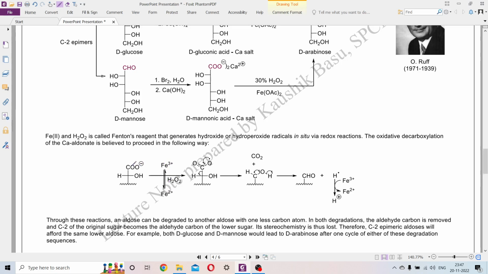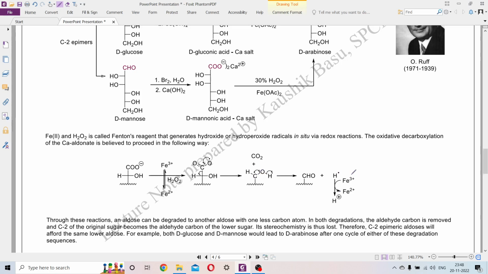But after this has donated one electron, what will happen here? This will decarboxylate, and via this homolytic cleavage of the C1-C2 bond, this will become now a radical. One hydrogen radical will come out of it by forming the strong carbon oxygen double bond, and this hydrogen radical will donate one electron to the iron 3 plus.